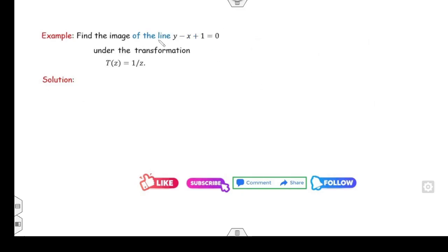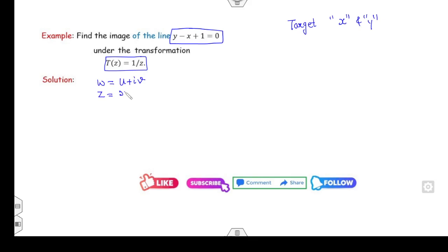Look at the next one. So in this case, the equation is given as y minus x plus 1. So what is your target? Your target is to find the value of x and the value of y from the given transformation. So you can choose w is equal to u plus iota v, z is equal to x plus iota y, such that w is equal to T of z, and T of z is my 1 over z.